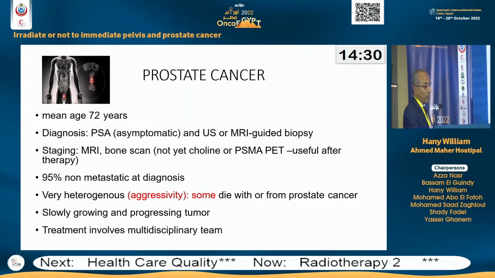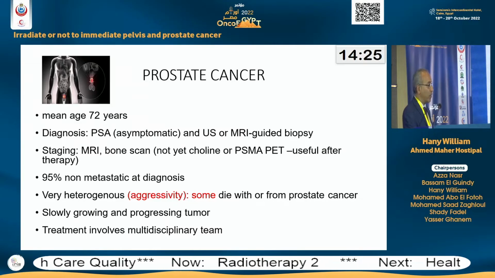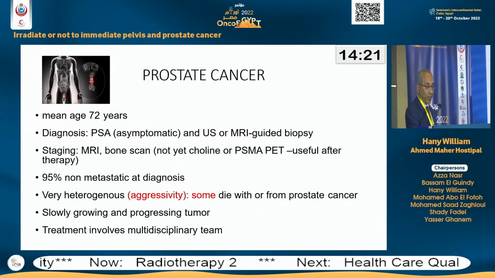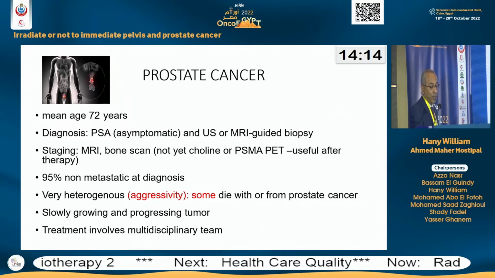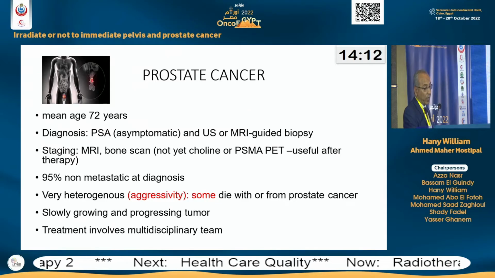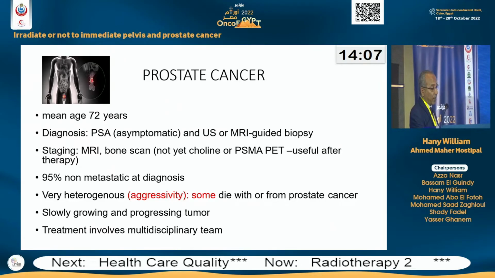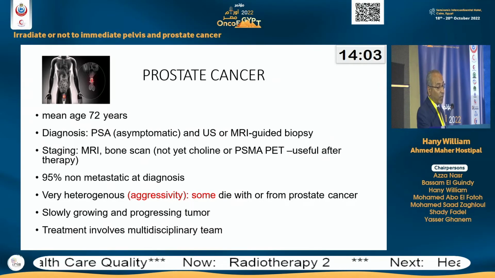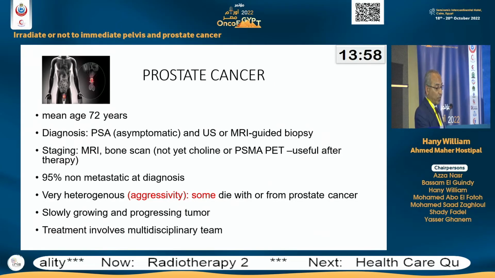The patient with prostate cancer has a mean age of about 70, diagnosed with PSA in screening, then biopsy with MR-guided ultrasound, staging by MRI and conventional bone scan, and recently the PSMA scan will be the standard of care. 95% of cases are non-metastatic, but prostate cancer patients are a very heterogeneous group, some of whom die from prostate cancer. This is a slow-growing and also progressing tumor.